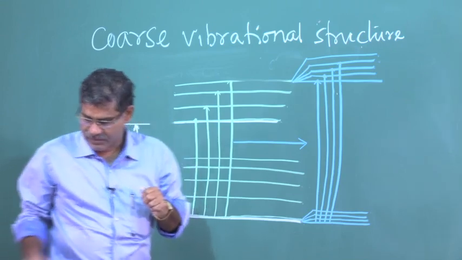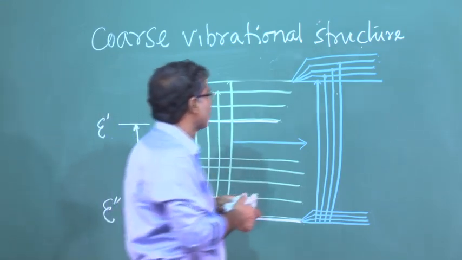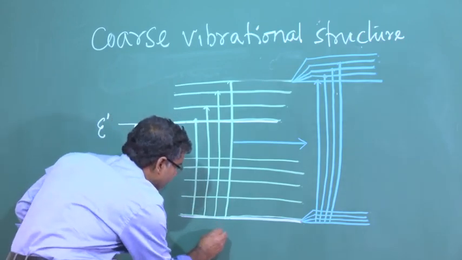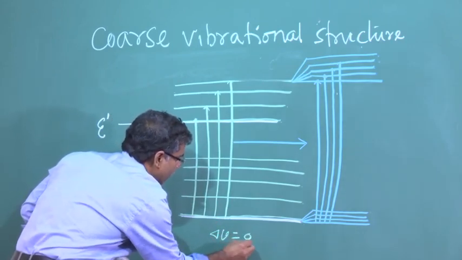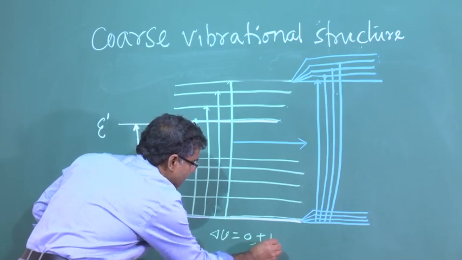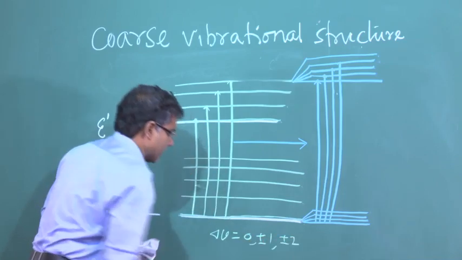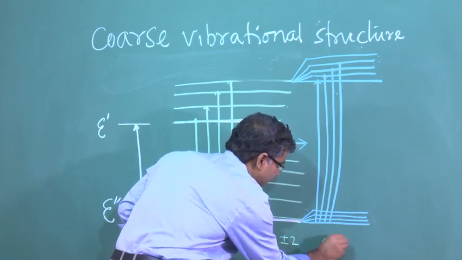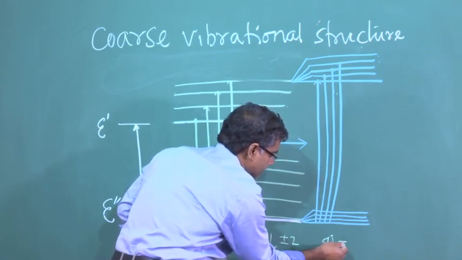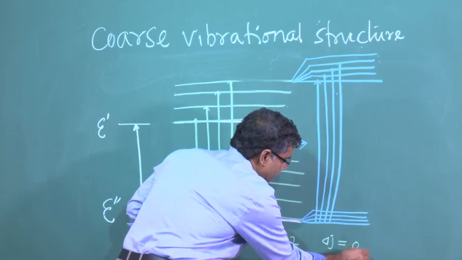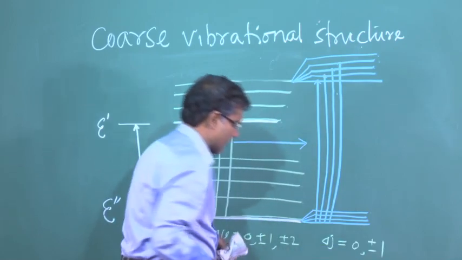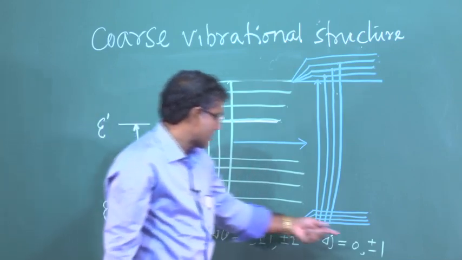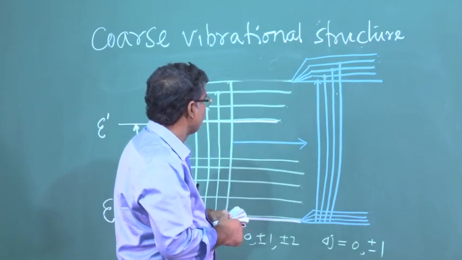So, that is not allowed. Depending on this, del v equal to all transitions is possible, but following this way. Okay. But del J equal to 0 and plus minus 1, only this has to be followed.